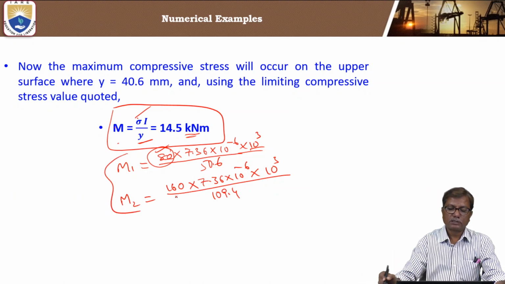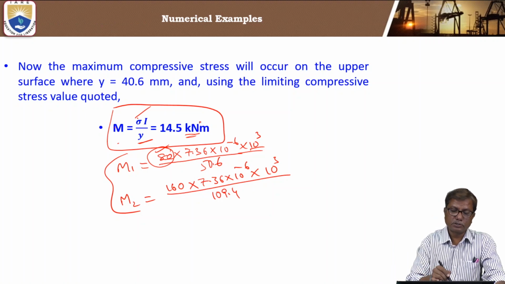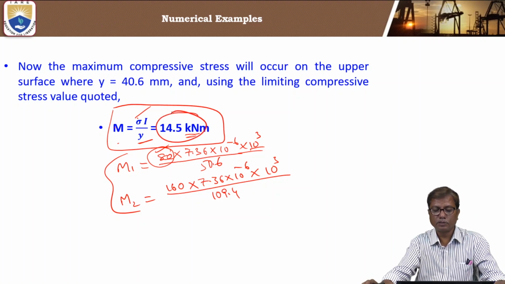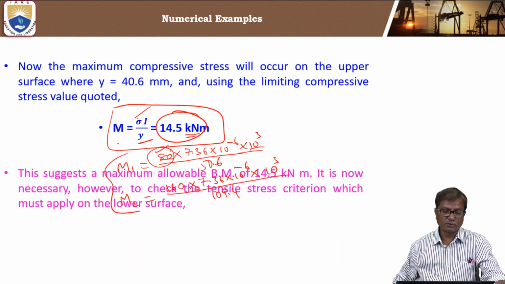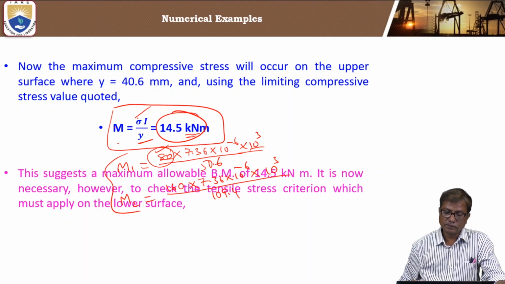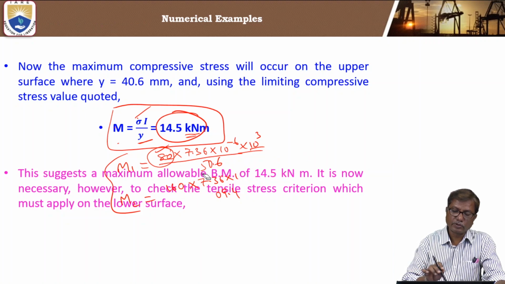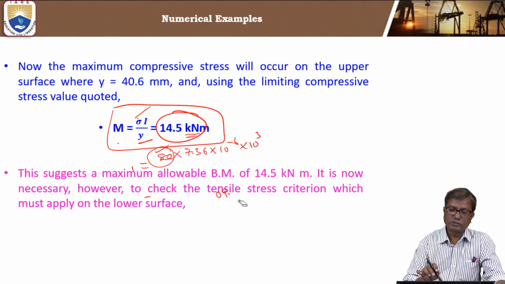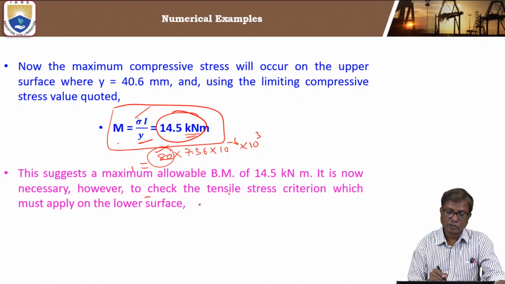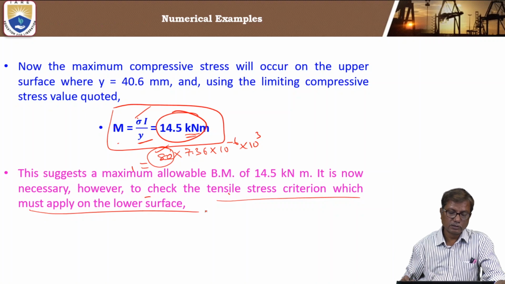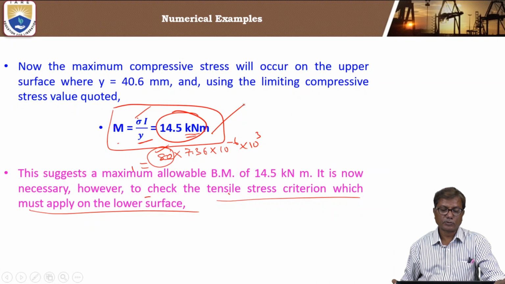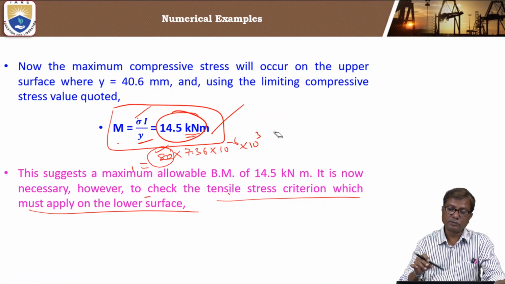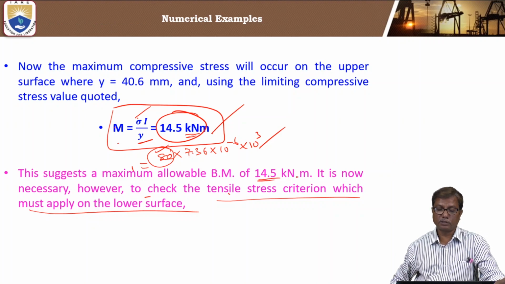So we'll take the greater of these two values, which comes out to be 14.5 kilonewton meters. This is considering the top fiber distance. We are getting bending moment 14.5 kilonewton meter.